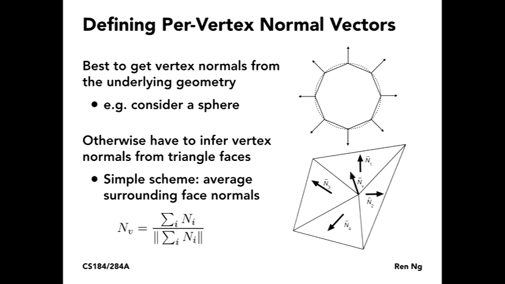And then one trick or approximation is to say that the normal vector at every vertex is approximately the average of the faces attached to that vertex. So for n sub v, the normal at this vertex v, we can get it by averaging these 4 triangles that surround this vertex. I'll just average their triangle face normal vectors.